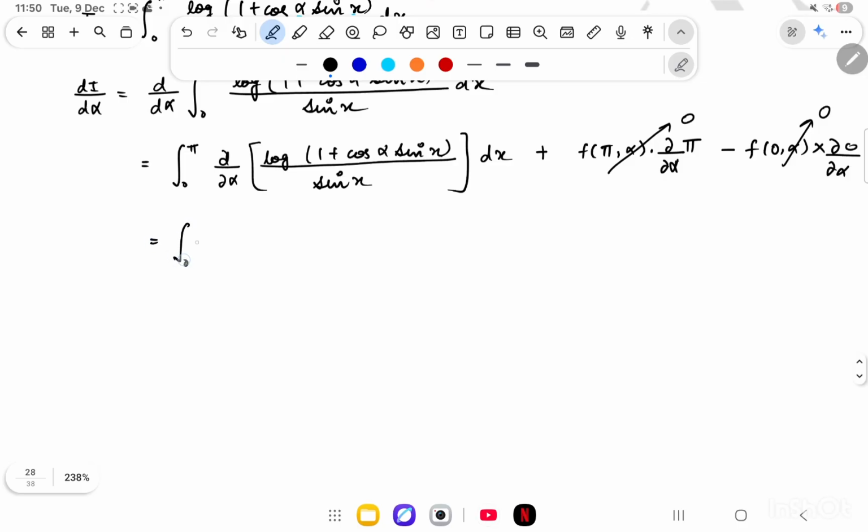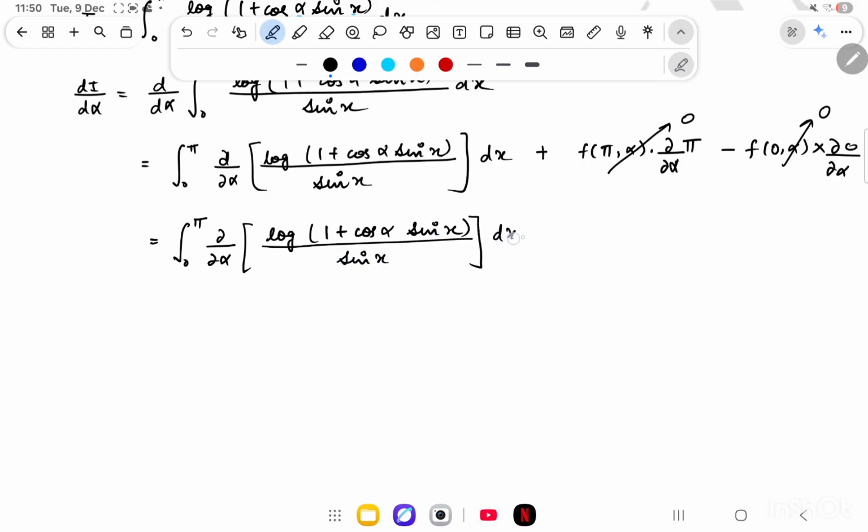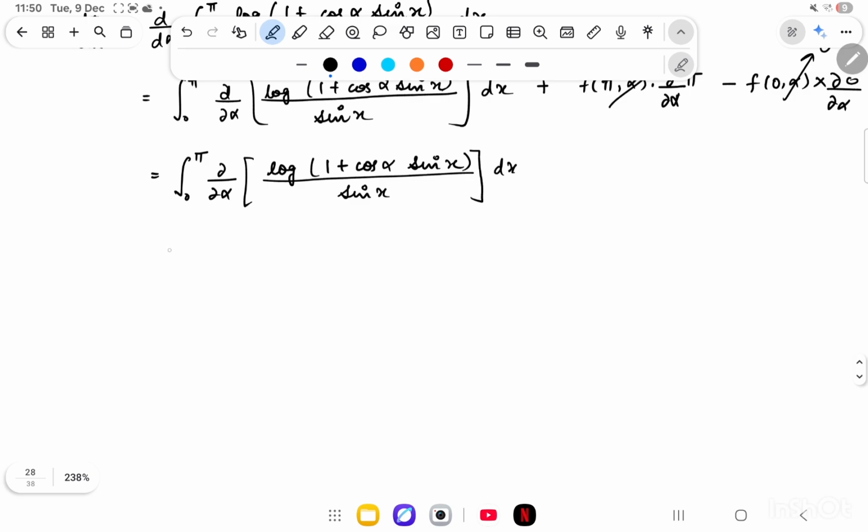So it will be equal to integration from 0 to pi del by del alpha of log 1 plus cos alpha sin x divided by sin x dx. Now if I differentiate it, it will be equal to integration from 0 to pi. I can pull out 1 by sin x because that's constant since we are differentiating with respect to alpha.